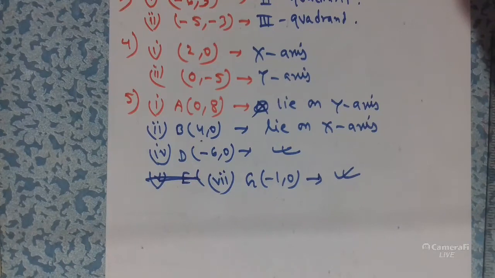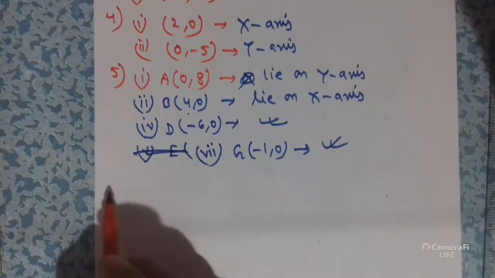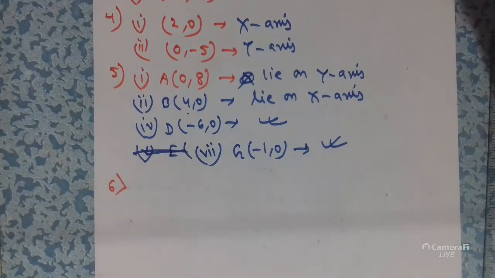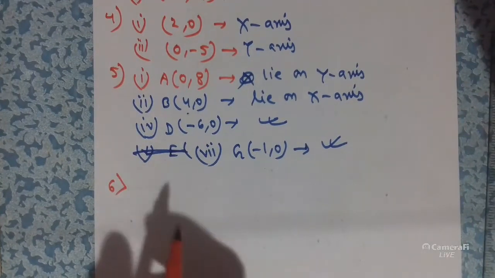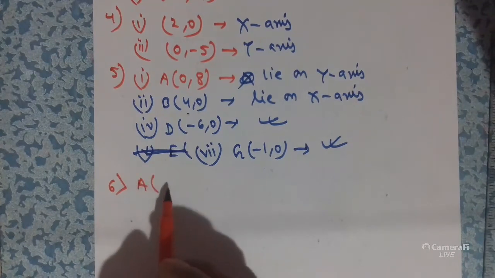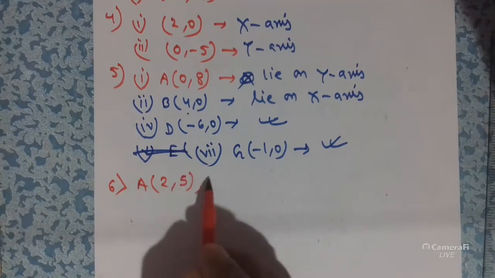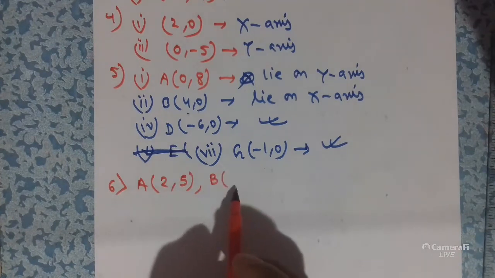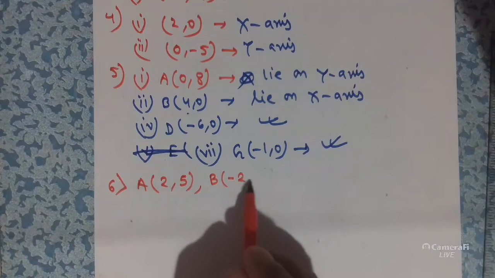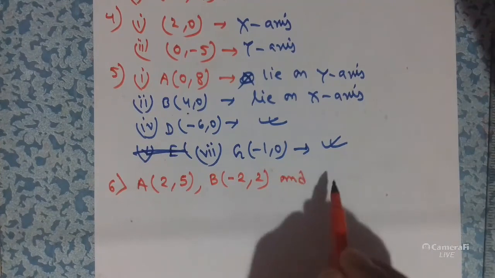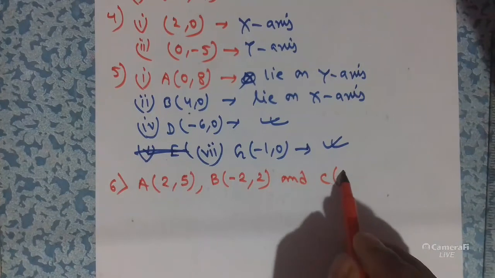Next, problem number 6. So here 3 points are given. A is (2, 5), B is (-2, 2), and C is (4, 2).